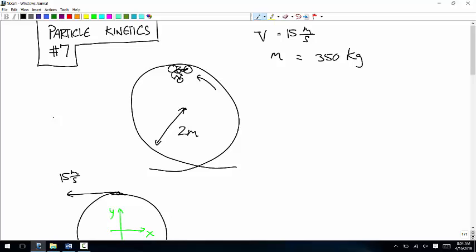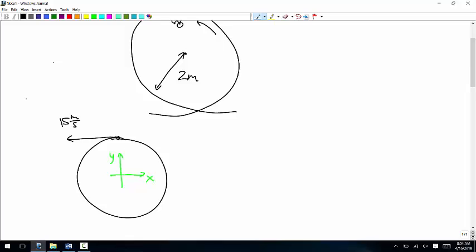The speed isn't changing, so there's no tangential part of the acceleration. It is changing direction, so we know that there's a centripetal acceleration like that. And the magnitude of the centripetal acceleration is v squared over r, which is 225 over 2, so 112.5 meters per second squared.